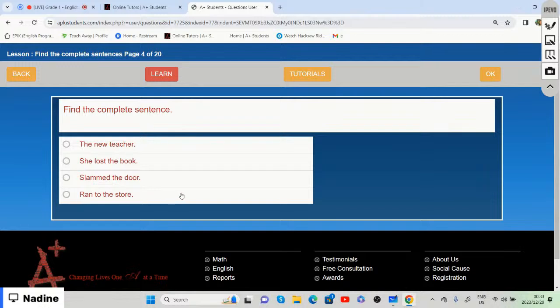So we need to find the complete sentence, which has both a noun, which is your naming part, as well as a verb, which is your action part.